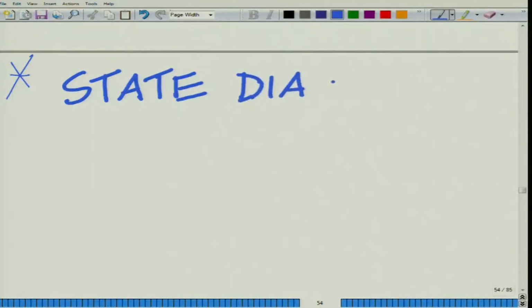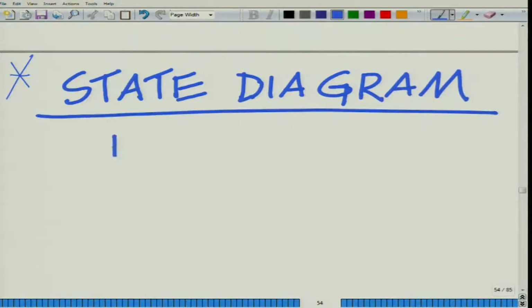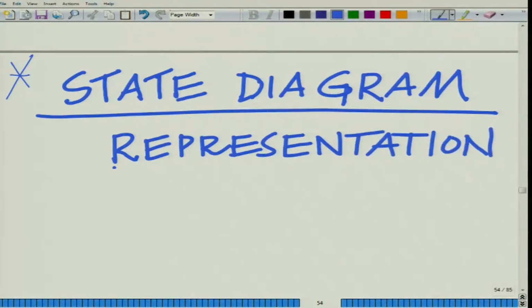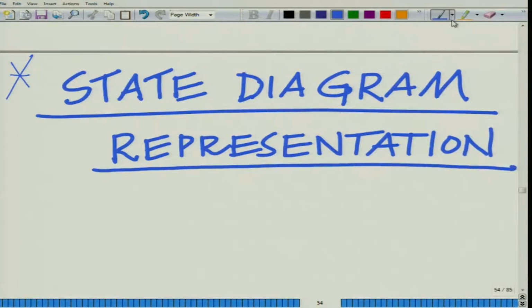So this is a state diagram representation of a convolutional code.